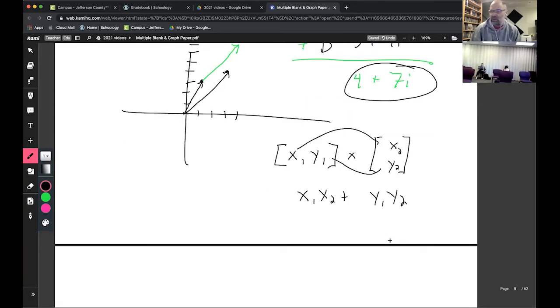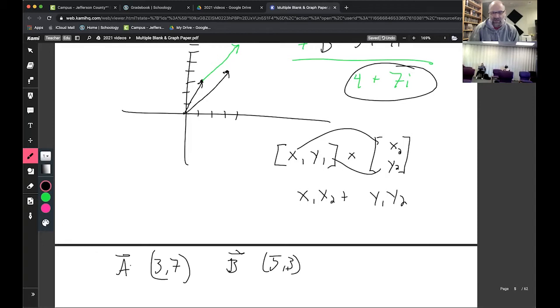Okay, so if I wanted to find the dot product of A and B, so A is 3, 7, B is 5, 3.